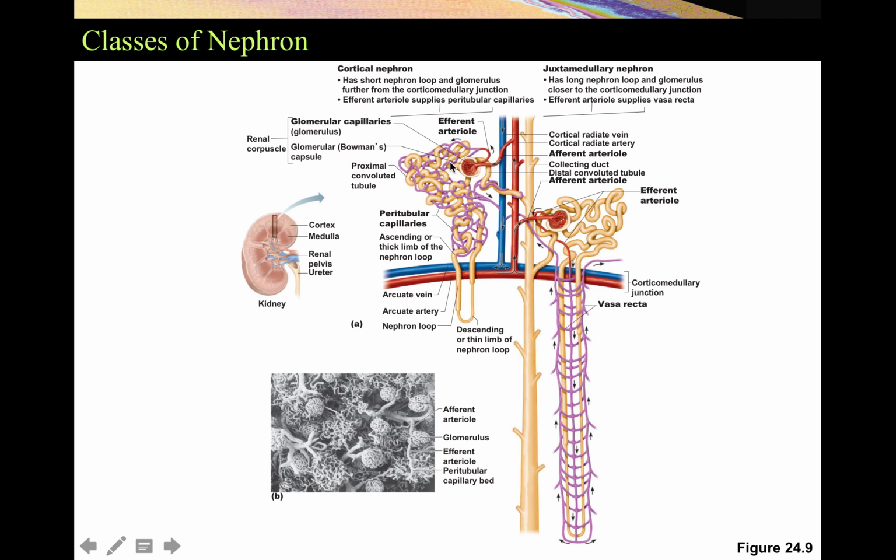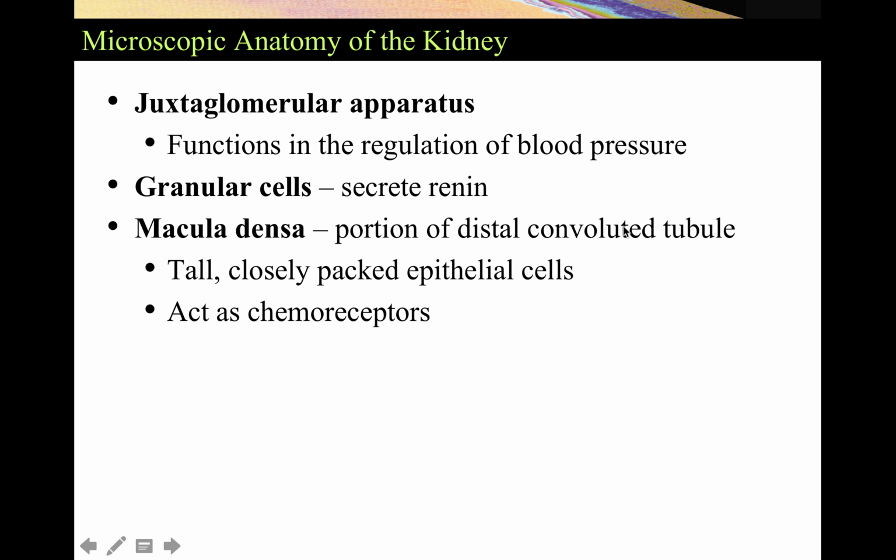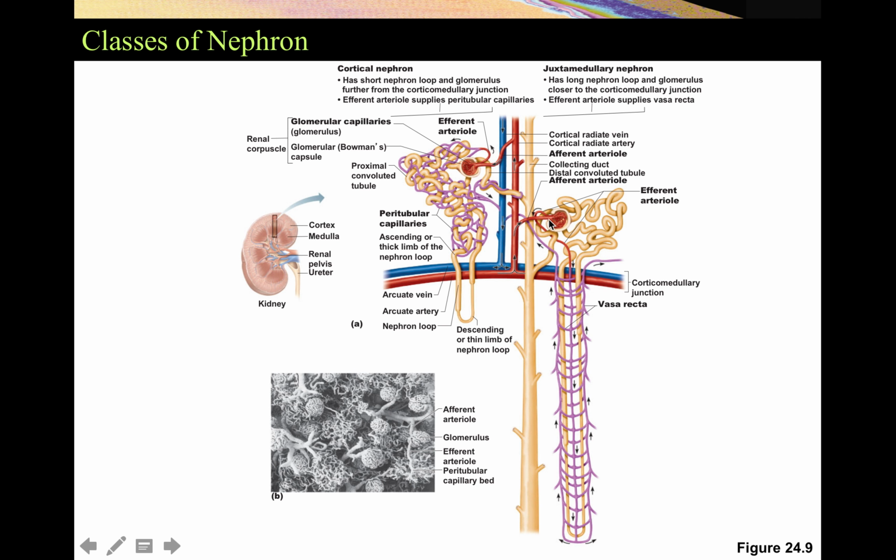But what you notice about them, if you compare them, is that they have a much longer nephron loop, which dips significantly into the medulla, and they're more specifically located at the junction of the cortex and medulla. So these types of nephrons you see right here are called juxtamedullary nephrons, as in the junction of the medulla.